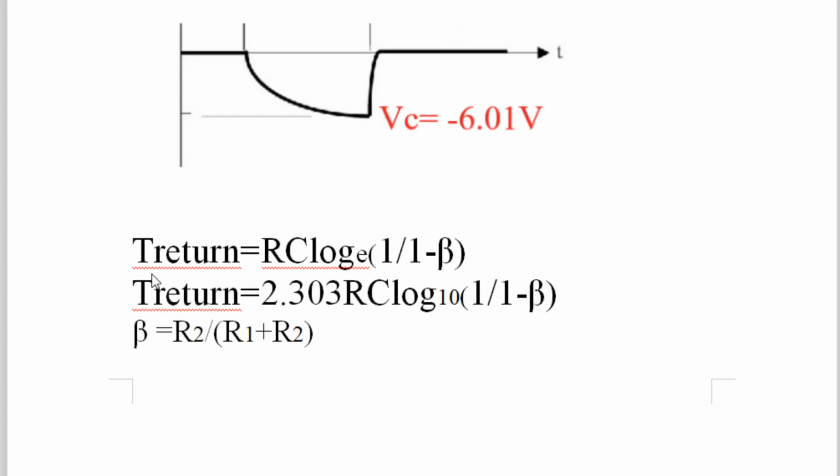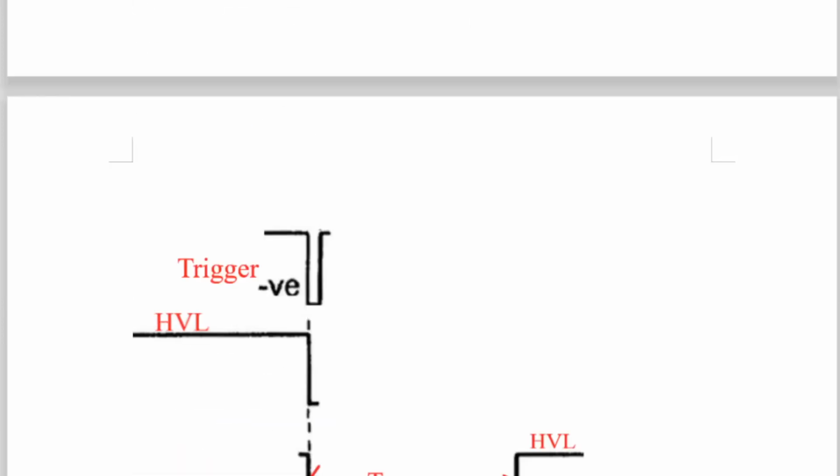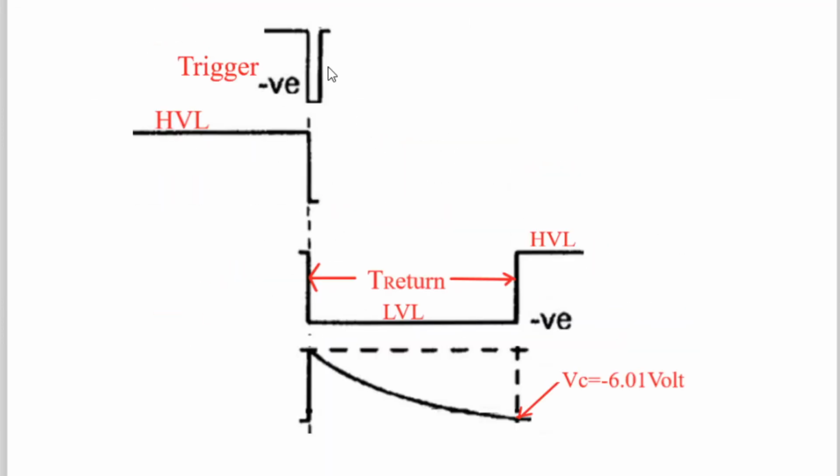So this is a simple equation. You substitute the values here and you will get the entire T return in the form of RC as well as R1 and R2. And normally it is asked to calculate the T return in case of a monostable multivibrator designed by IC741. Value of R is given, value of C is given, value of R1 is given, value of R2 is given. So this equation you have to remember.